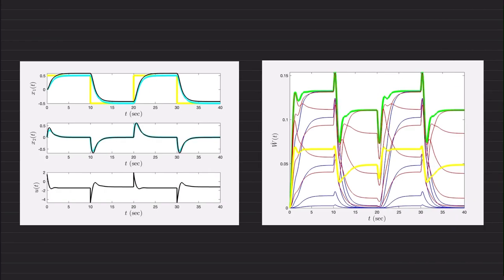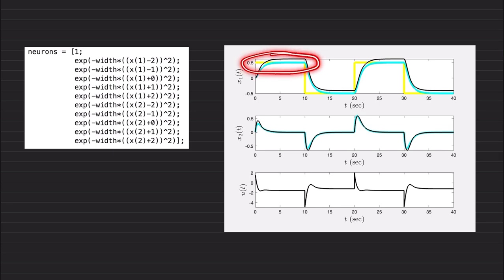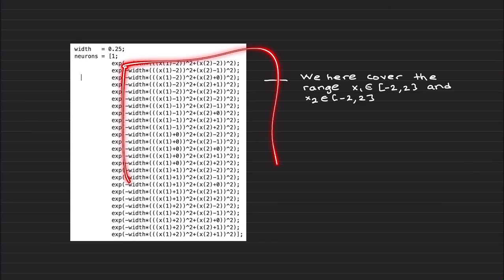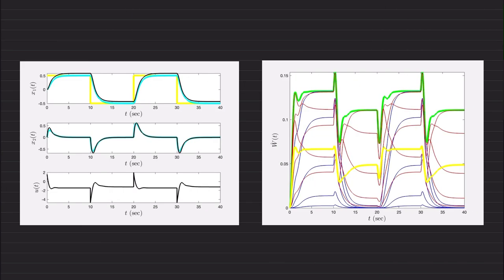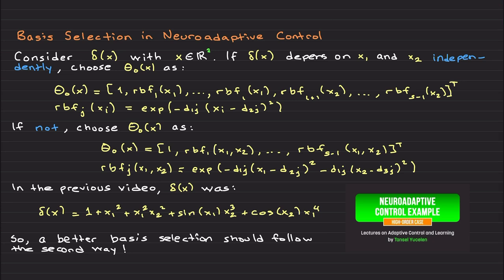Once you do that, you achieve better performance. Compare this with this one. You have more error here. Once you fully cover the area with these 25, you obtain better performance, and this is the resulting W hat estimation. So the punchline I'm trying to make, one more time, is important.